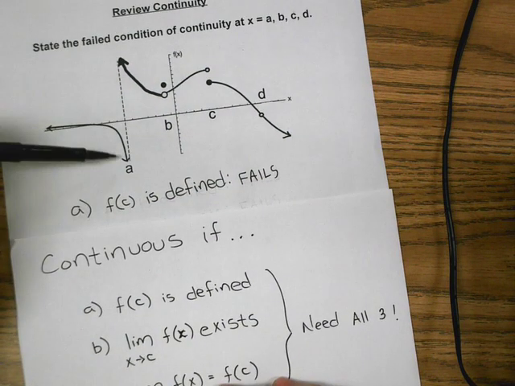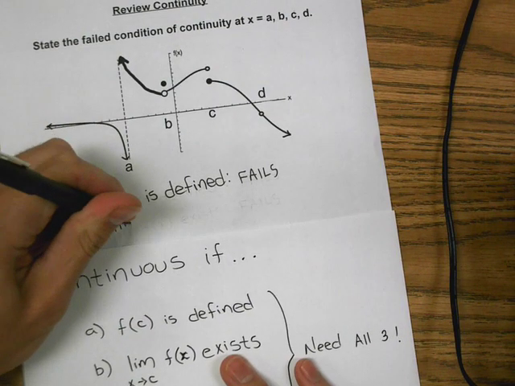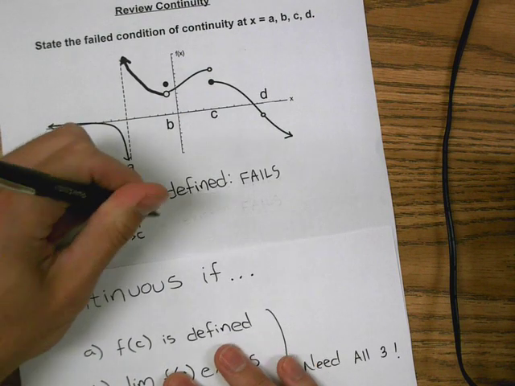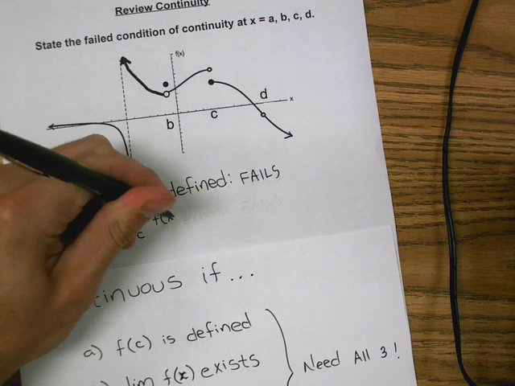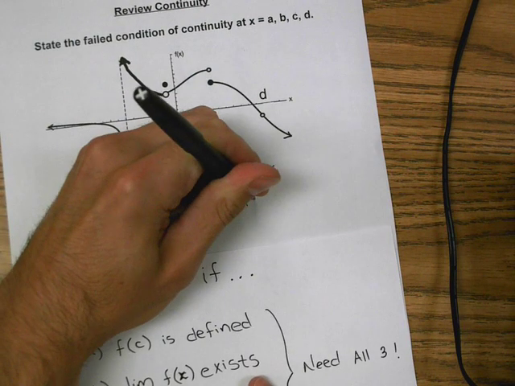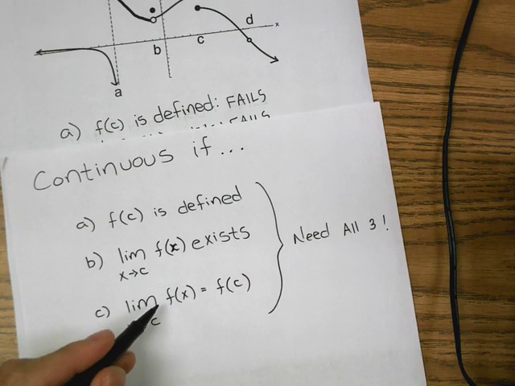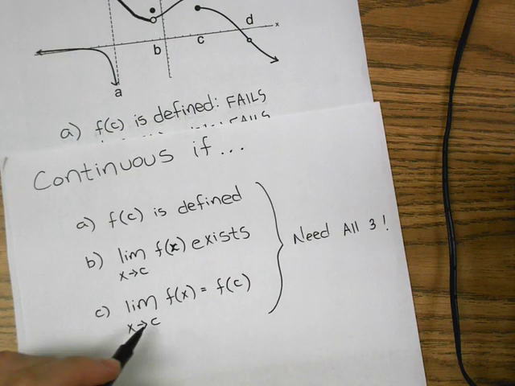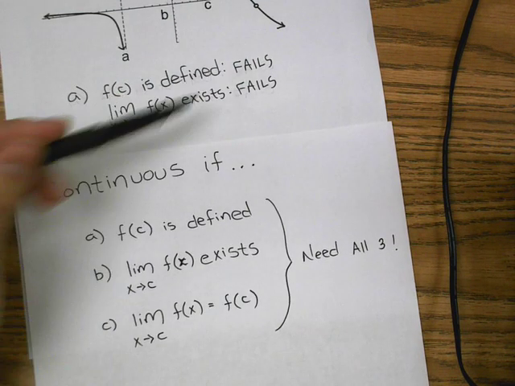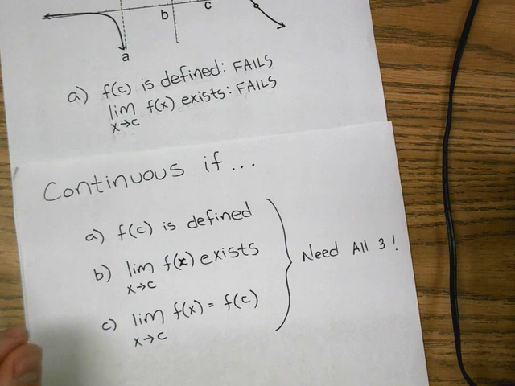Well, again, at a vertical asymptote, the limit doesn't exist, so that is yet another condition that fails at point A. And you could also write limit as x approaches a of f of x exists. That is also a condition that fails. Since the limit doesn't exist, we're not going to worry about the third one matching anyway, so it's really just these first two. At the vertical asymptote, it's not defined, and the limit doesn't exist, so it fails both of those conditions.